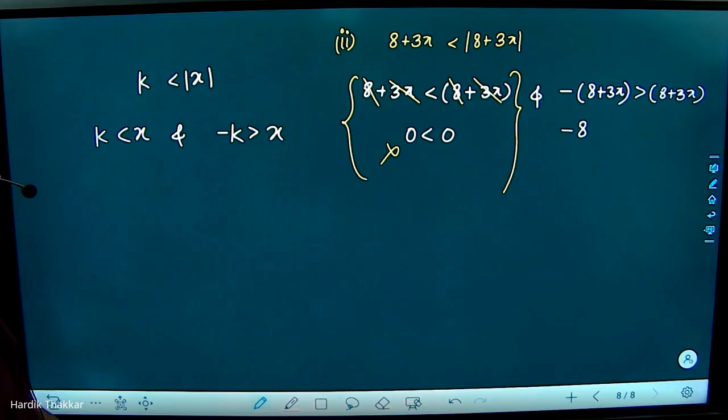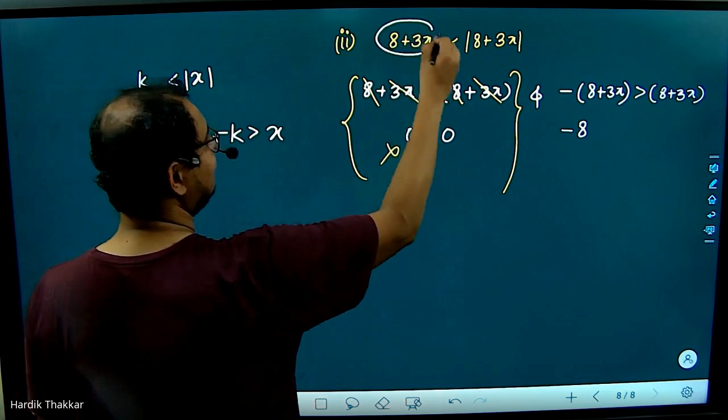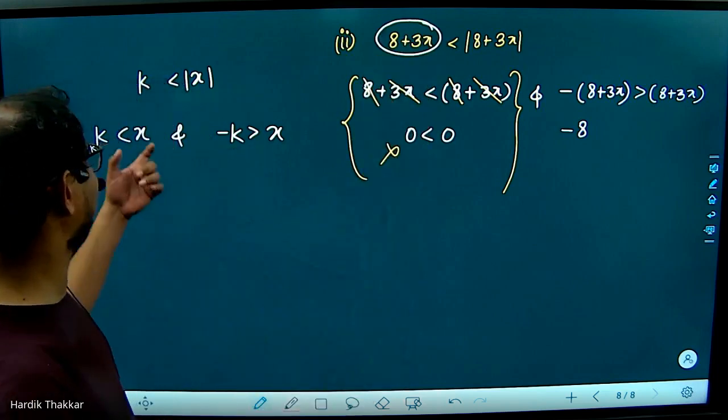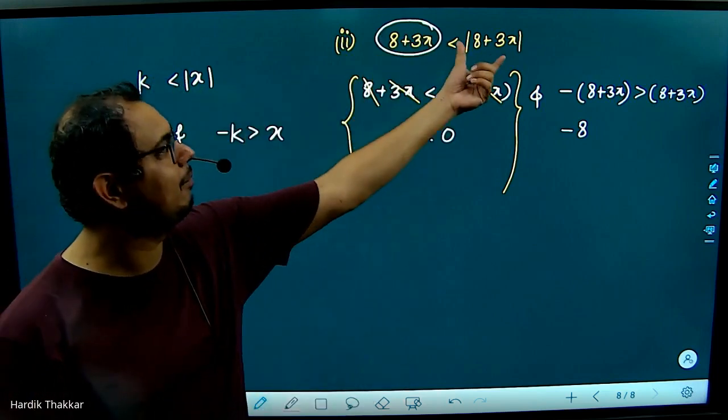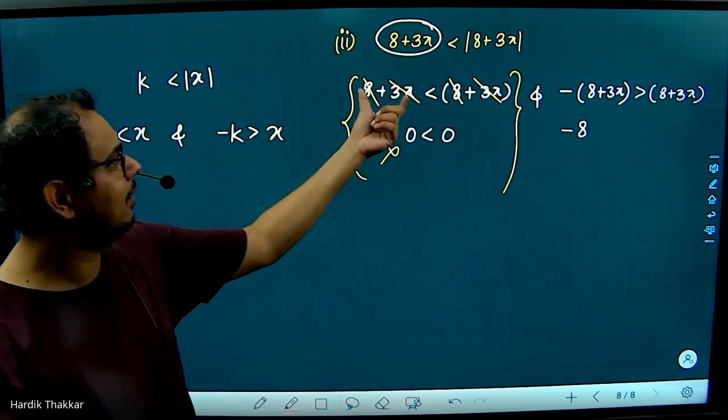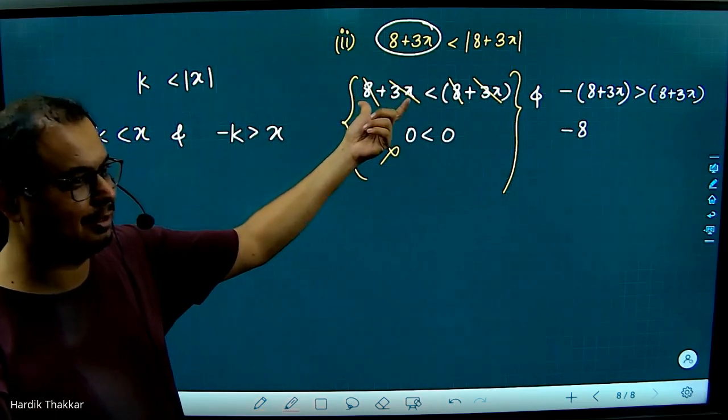So here our k will be 8 plus 3x. In the first case, we have removed this mod, and instead of k, we have written this 8 plus 3x as it is.